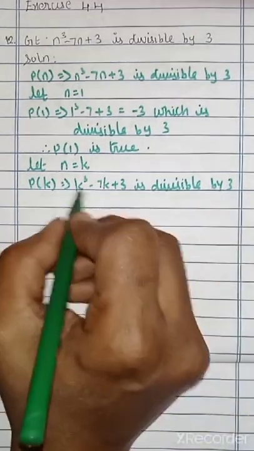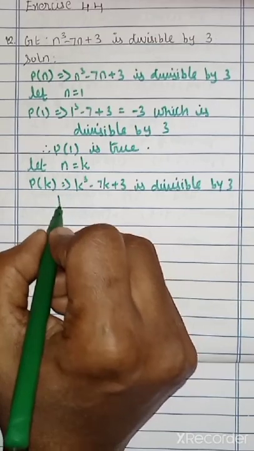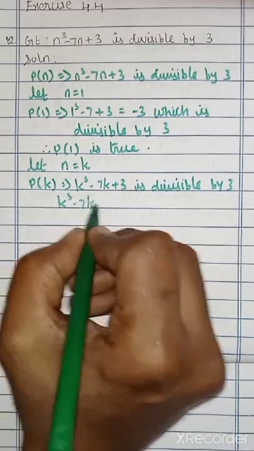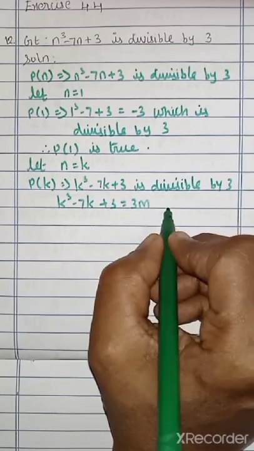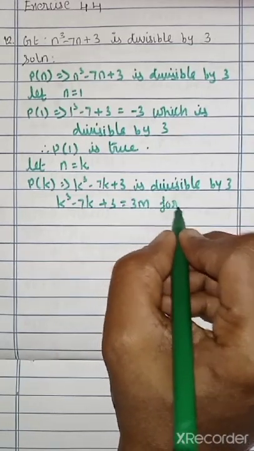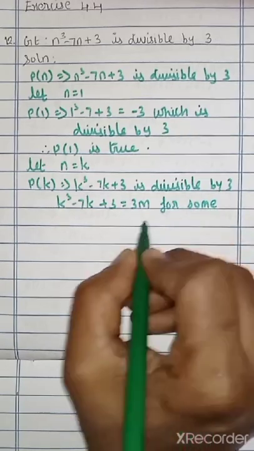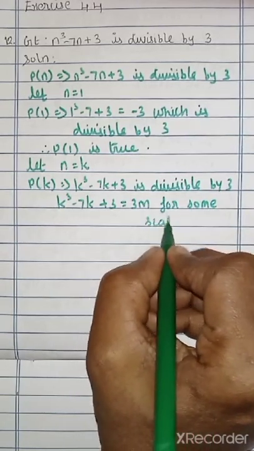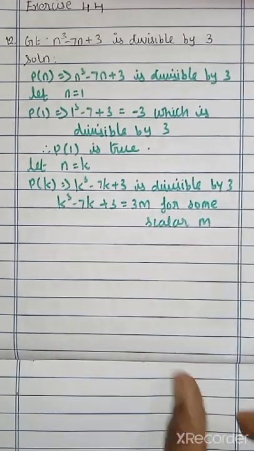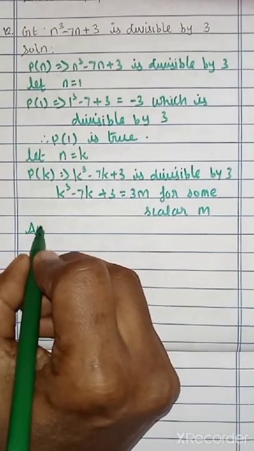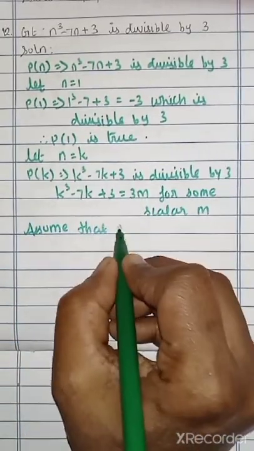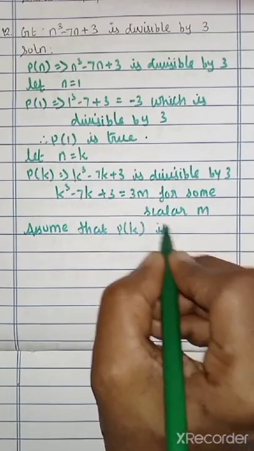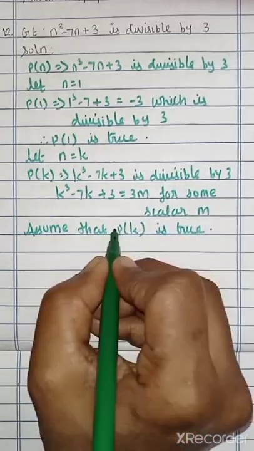Since it is divisible by 3, we can take this as k cube minus 7k plus 3 equal to 3m, for some scalar m. Correct? And we assume that P of k is true.